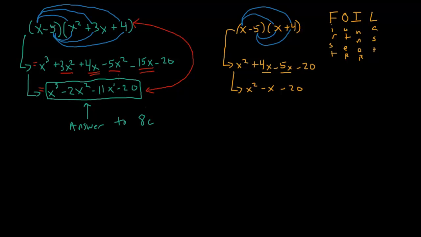So one way you can show, or you can demonstrate, that two polynomials are equal, at least over a certain interval, is to show that when you substitute in different values for x, you get the same result. Now, if this was an equation, we would call those results y values.